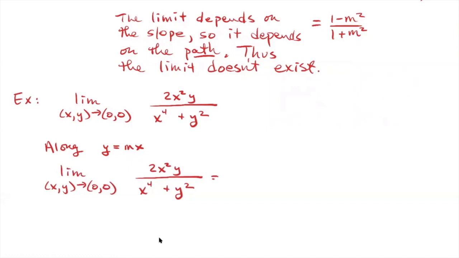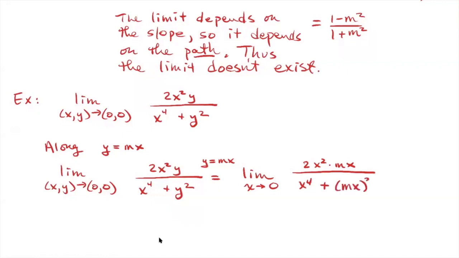You just make the substitution that y is mx. Now when I do my limit, having x go to 0 will force y to go to 0 as well. And so you would have 2x squared times mx over x to the 4th plus mx quantity squared.